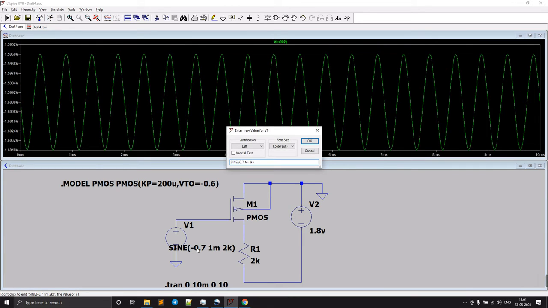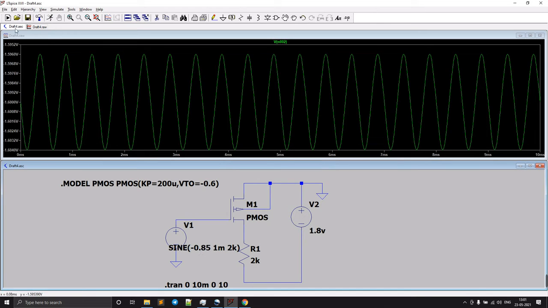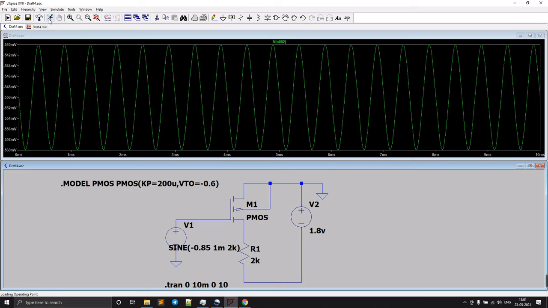Okay, we will change to 0.85, and now yeah, here we can see it has an almost gain of 10. So from 540 to 550, the gain is very less, only 10. We can change these parameters and you may get a little bit higher gain.